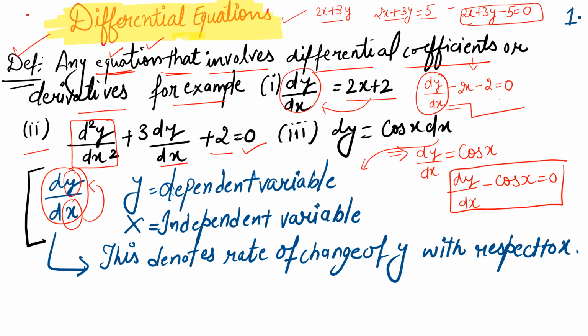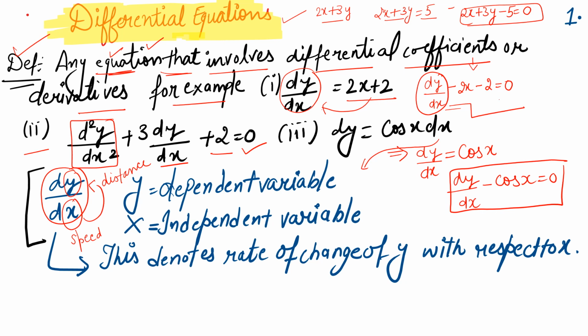For example, if we cover distance in a short time, then speed will be more. So what is the dependent variable and what is the independent variable? If we increase speed, then distance will be less. So the dependent variable is on the numerator part, and the independent variable is on the denominator part.